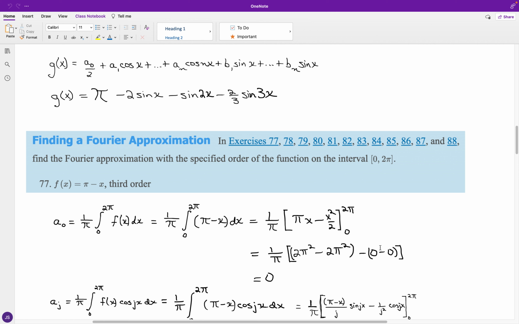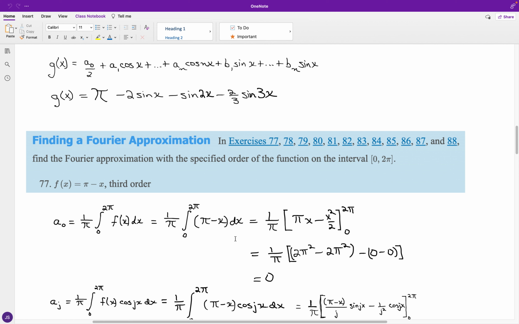And for a naught, again, with the formula, we have 1 over pi times the integral as x goes from 0 to 2 pi of f of x. With f of x as pi minus x, the antiderivative is pi x minus x squared over 2.